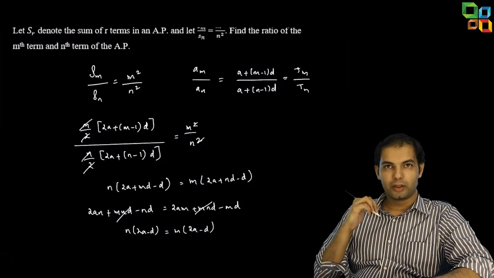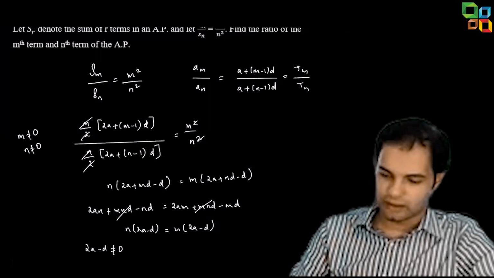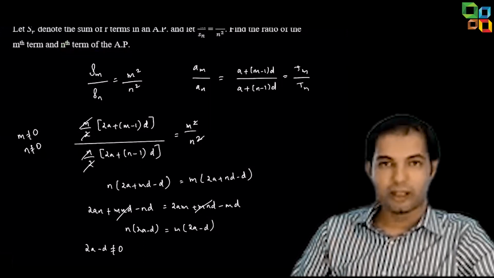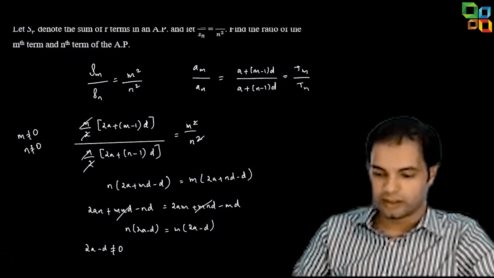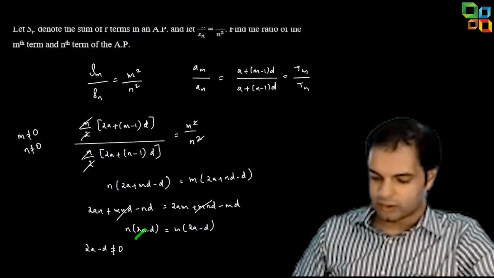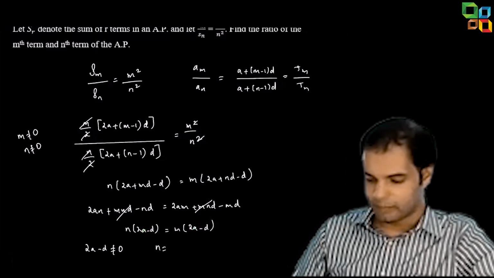Now see, there are two things here. For this trivial case, just imagine you're saying the 0th term of an AP, right? There's no 0th term, if you assume that n is starting from 1. Similarly, what is the other case? If this is not 0, that means m is equal to n.